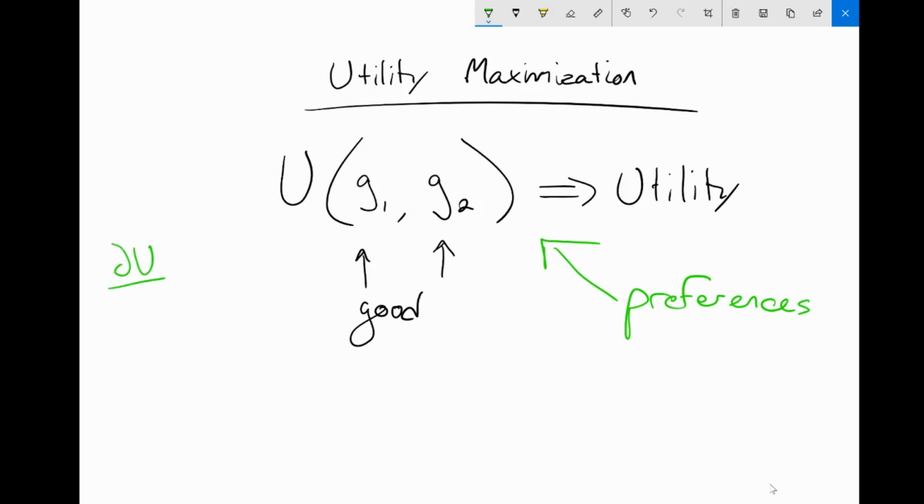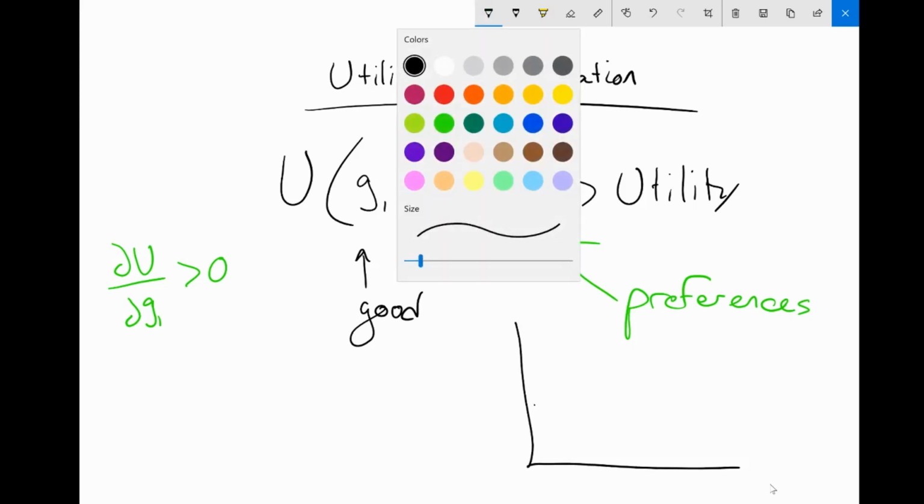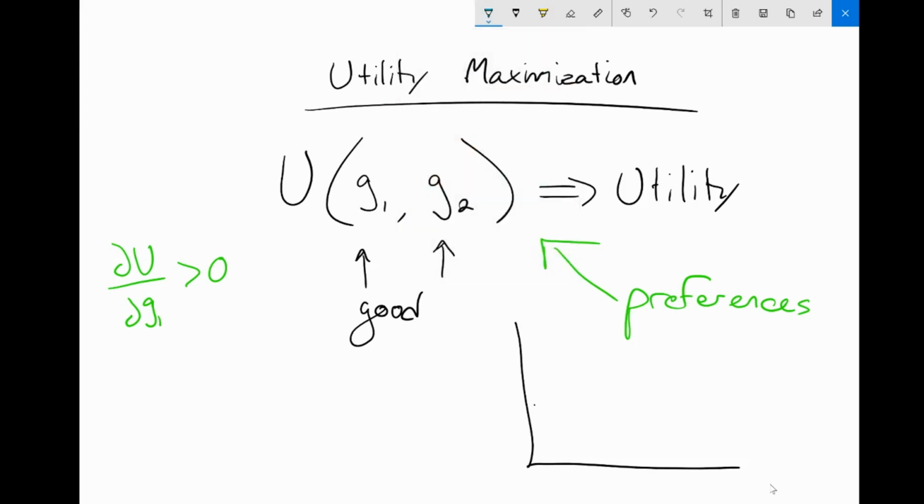The utility function has to have a positive first derivative, because, like we said, we assume non-satiation, that is, more is better. If more is always better, then your utility always has to go up as you get more of a good. And if we wanted to graph this, we would get a graph that looks a little bit like this. It's always going up. As I get more of good one, my utility always goes up. Okay, so that's a positive first derivative.